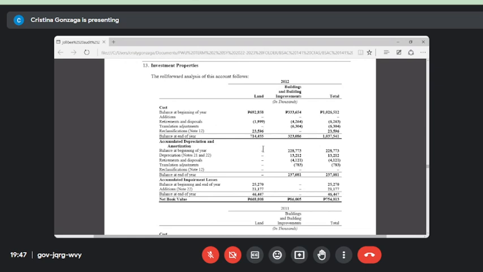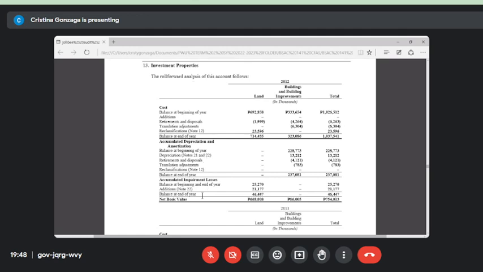Ano ang mga klase ng kanilang investment property? In the form of land, building, and building improvements. Cost model si Jollibee. Ayan, may accumulated depreciation and amortization. Ibig sabihin, ang ginagamit nila ay cost model to account for their investment property.